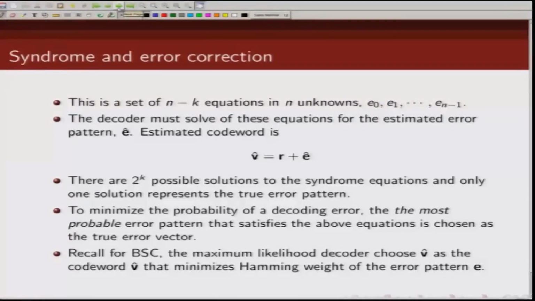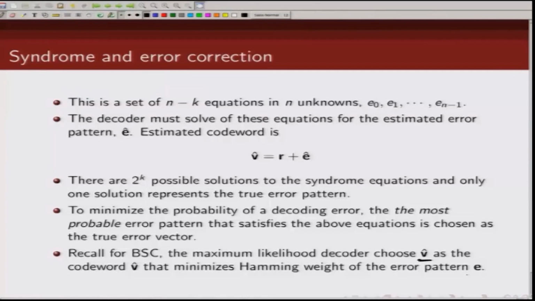As we said, we did an exercise in previous lectures where we showed the maximum likelihood decoding rule for a binary symmetric channel. We have shown that for a maximum likelihood decoder we will choose our estimated code word as the one that minimizes the Hamming distance between the received word and the transmitted code word.